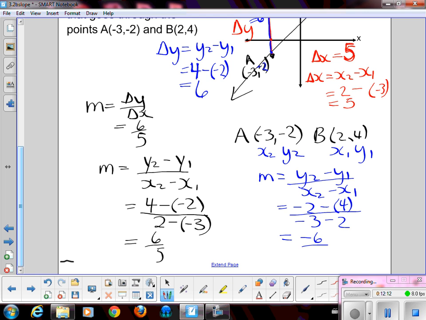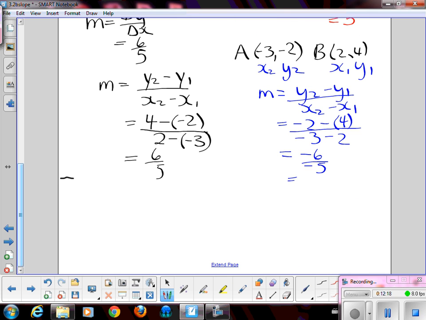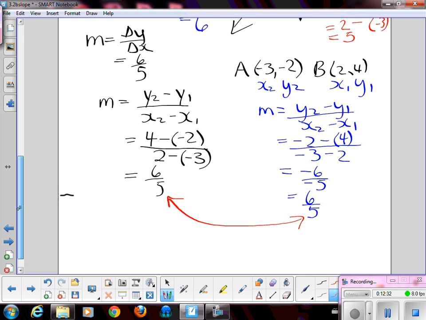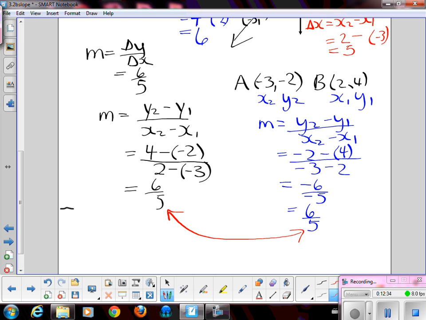And then the next one, negative 3 minus 2 is a negative 5. So if I'm dividing by two negatives, negative 6 divided by negative 5, that actually becomes a positive 6/5. And you can see that you get the same answer. So it doesn't matter which one you choose as your x2, y2, you'll get the same answer.